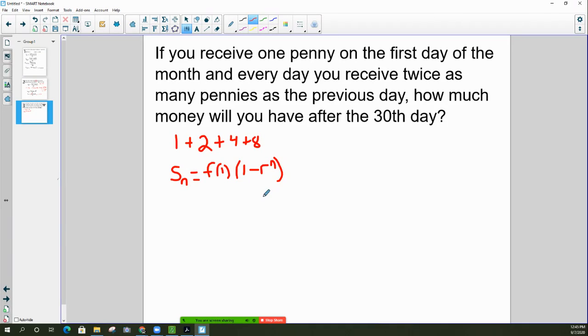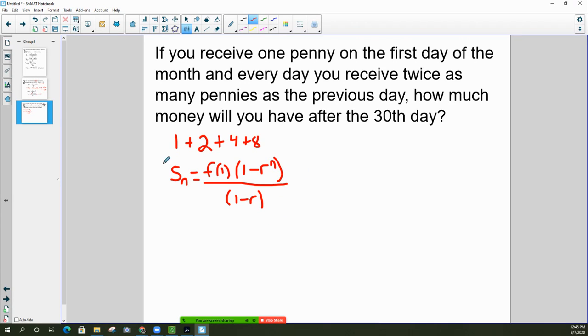Again, n stands for the number of terms, divided by 1 minus r. So the f of 1 stands for the first term. The r is the common ratio. The n is the number of terms you're adding up. So we need 3 things in order to find the sum of a geometric series. We need the first term, we need r, and we need n.